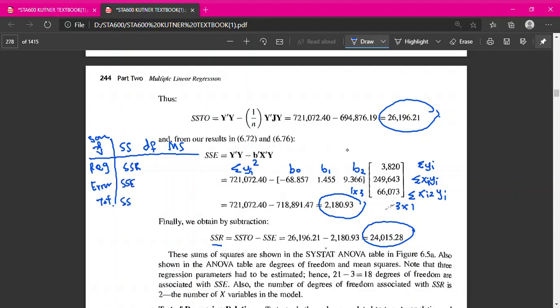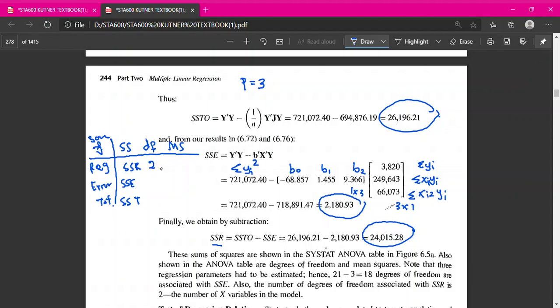dan juga SST. The degree of freedom for the regression is P minus 1 tadi kan. So now we know that our P adalah ada berapa parameter here. It is 3 parameter here. So here will be 2, which is P minus 1.